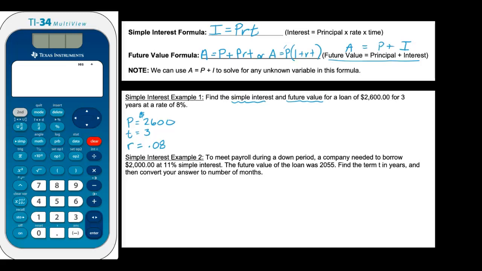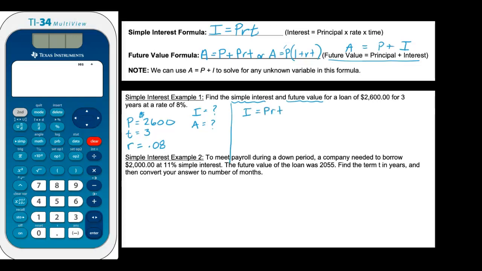Okay, and then find the simple interest. So I don't know what I is, so I'm going to say I equals question mark. I don't know what A equals. I'm going to start by using the simple interest formula. I want to find both of these, but if you look at the future value formulas, all of those involve interest. So we're going to find interest first, and then we'll find the future value. So I'm just going to write down I equals PRT.